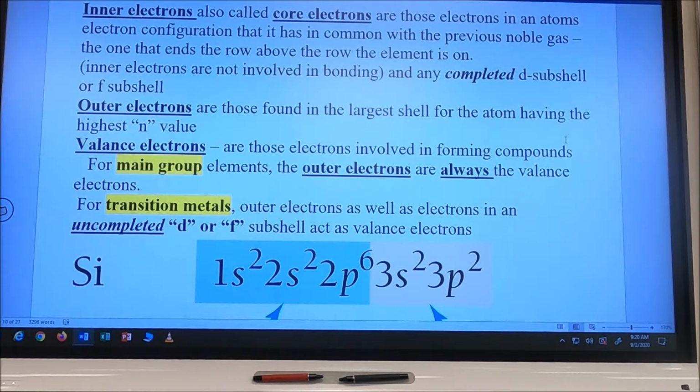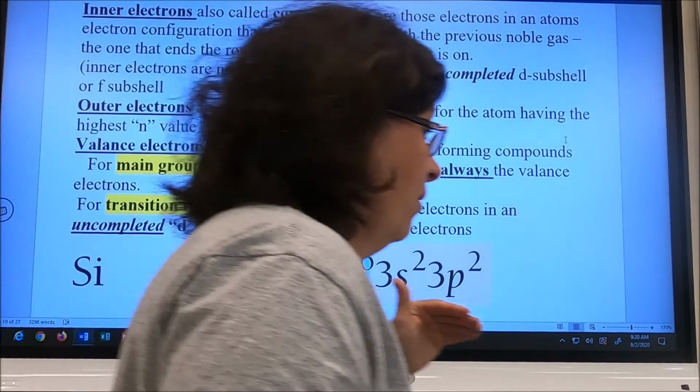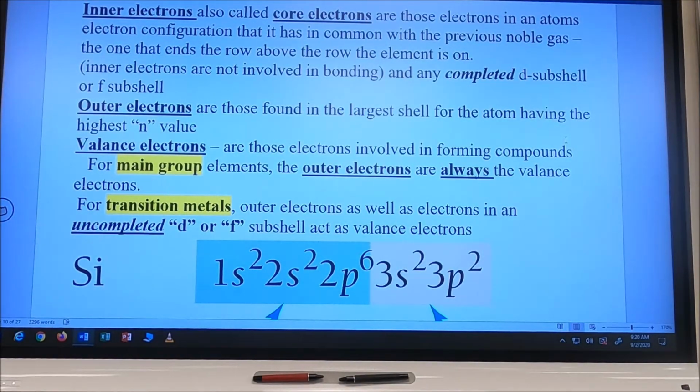So valence electrons for main group elements are the same as the outer electrons, but for transition and inner transition metals, outer electrons plus any electrons in an incomplete D or F subshell act as valence electrons. Now let's look at some elements and let's look at identifying their inner, outer, and valence electrons.